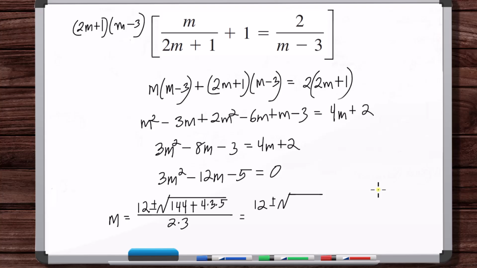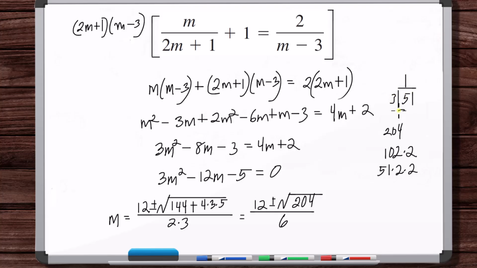So we have root 204 over 6. 204 is 102 times 2, which is 51 times 2 times 2. 51 is divisible by 3, so we get 17 times 3 times 2 times 2.